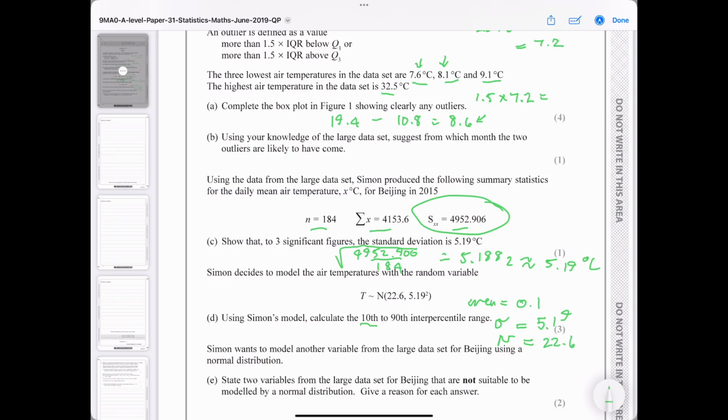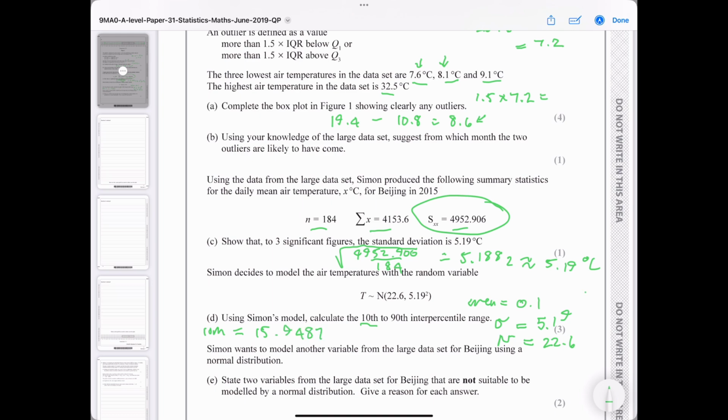So if you put those in, and then equals, and then 22.6. So the chances of it being in the 10th percentile is, so 10th equals 15.9487.